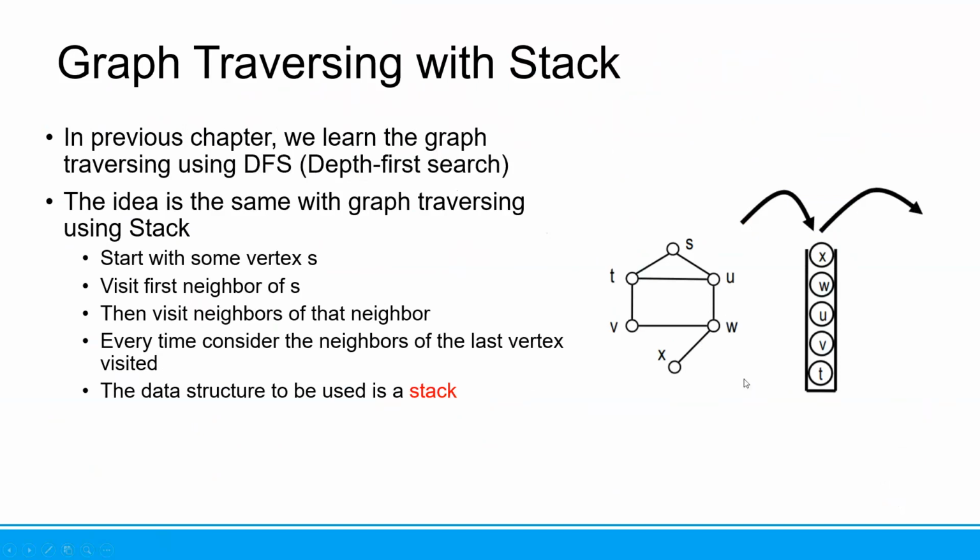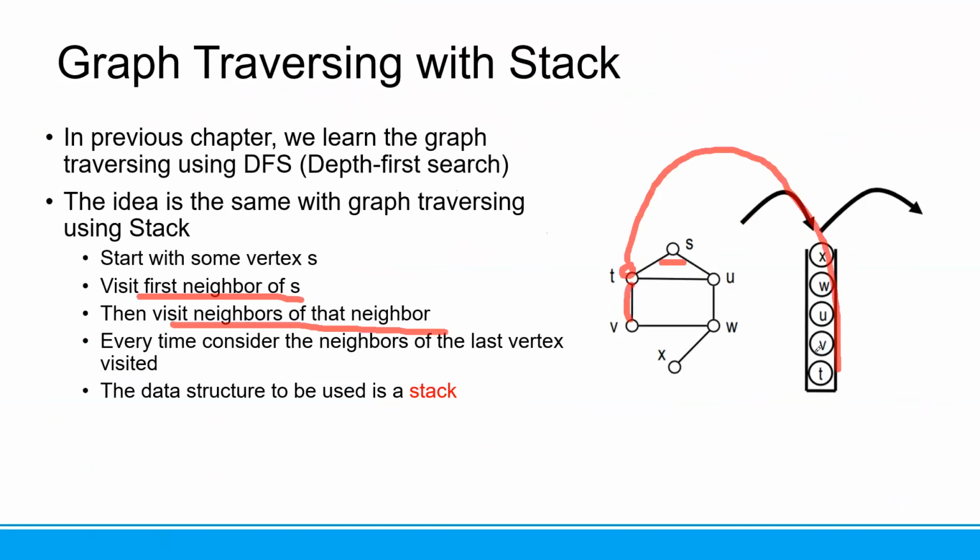Okay, so I think this stack is similar to the stack that you already learned before. If we have S as the starting point, we want to know what is the first neighbor of S. The first neighbor of S is T. Then I will put T inside and visit the neighbors of the neighbor. I know that a neighbor of T is, for example, V. I put it again into the stack.